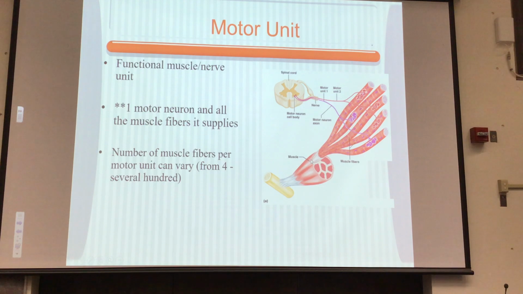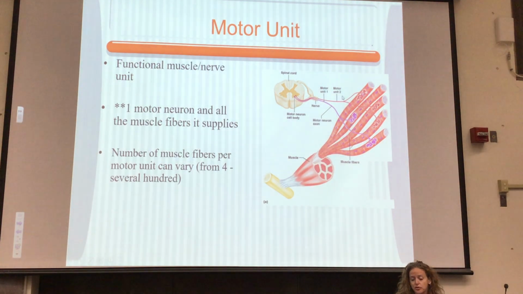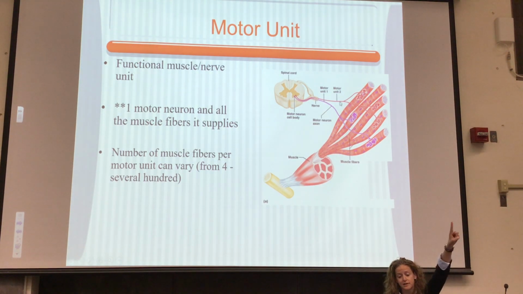Here, in this picture, we can see a red motor unit. See the red one, number 2? And we can see a purple motor unit. So we're looking at the nerve muscle unit. Each motor unit is one nerve, and then however many muscle fibers its tendrils supply.